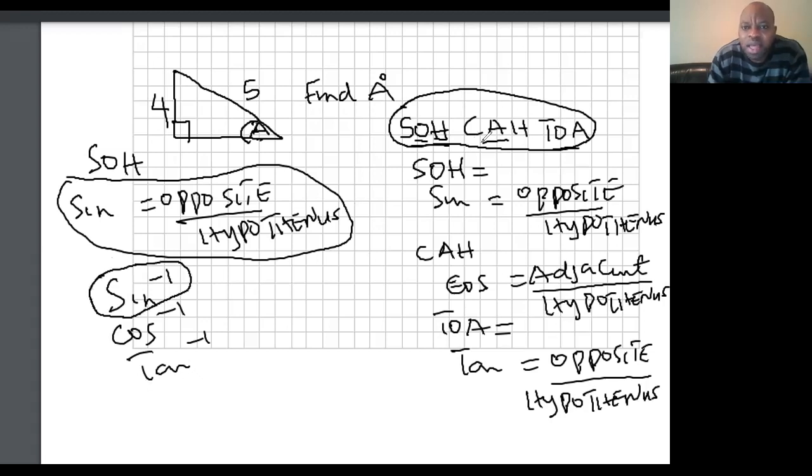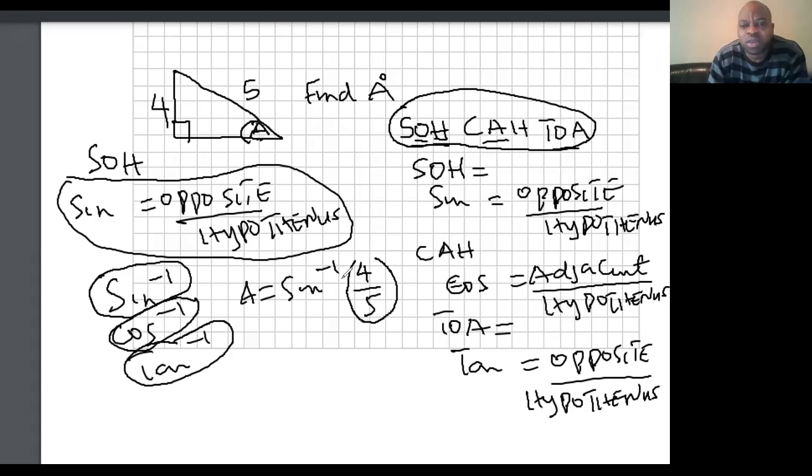If you are dealing with CAH, you are using cos inverse. If you are dealing with TOA, you are using tan inverse. So in this case, we have sine of the angle equal to opposite over hypotenuse, which means your angle A will be sine inverse of opposite over hypotenuse.